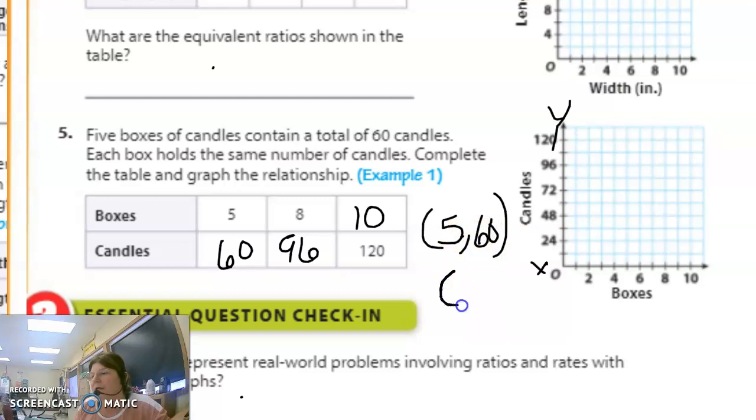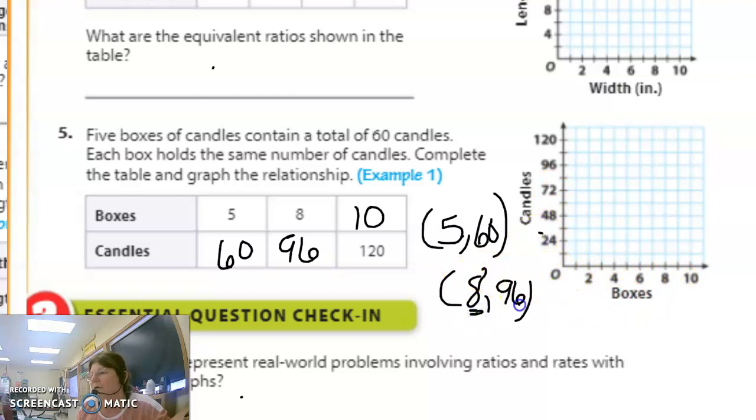Our next one is 8, comma 96. The first number is the one that always goes on your x's. So you want to make sure if you're making this that you're labeling it correctly. You wouldn't put candles and then boxes, right? Because we've already got it labeled. Boxes first, that's your first number.